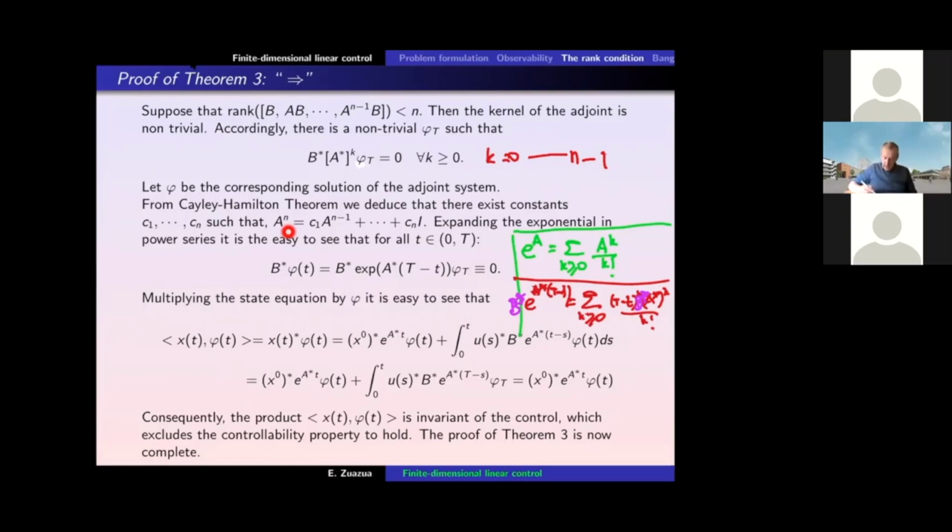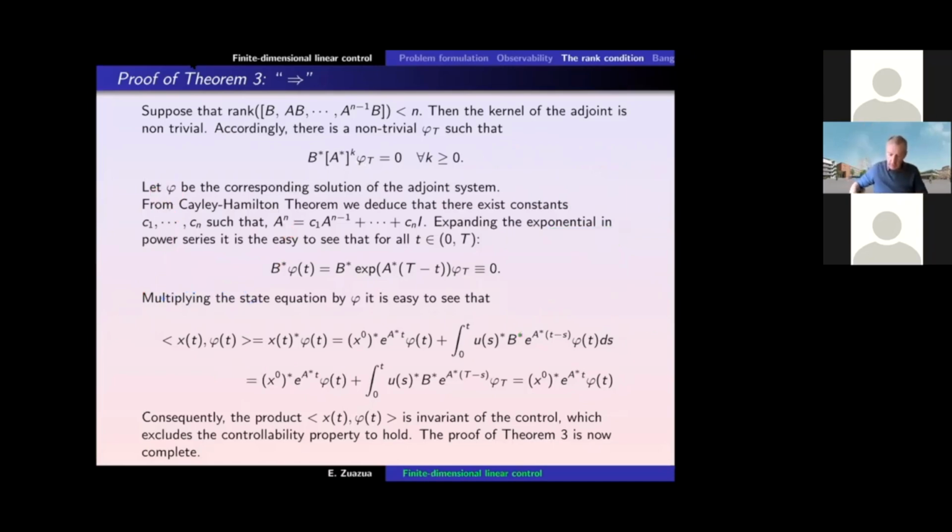And this is precisely what I said on the first day, when you are looking at the car, on the space. The car is controllable in R2, but the car is not controllable in R3. You don't have the vertical propulsion, right?